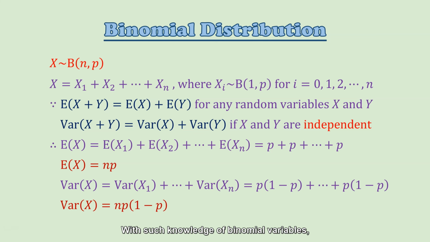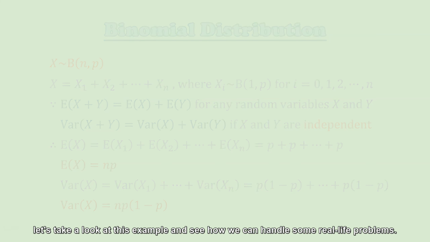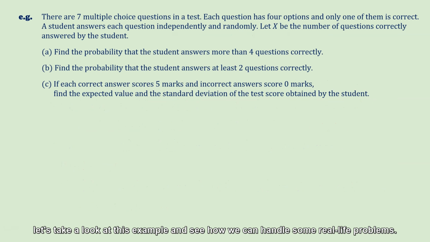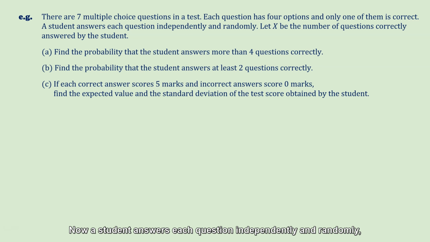With such knowledge of binomial variables, let's take a look at this example and see how we can handle some real-life problems. In a test, there are 7 multiple-choice questions, each with 4 options. Now a student answers each question independently and randomly, and we let X be the number of questions correctly answered by the student.